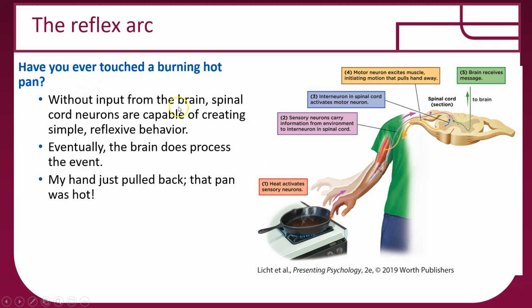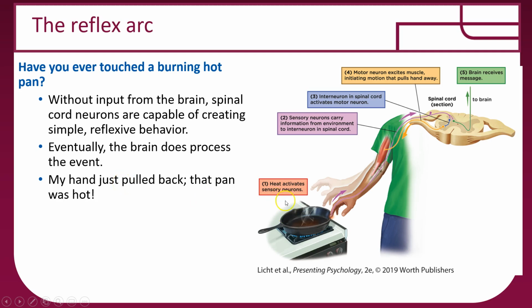So without input from the brain in a reflex, the spinal cord neurons are capable of creating a very simple reflexive behavior, right? Which is just pulling your hand away when something is hot. Eventually, of course, the brain does process the event, because you do end up saying, ow, that was hot.